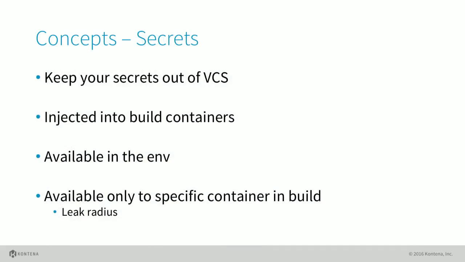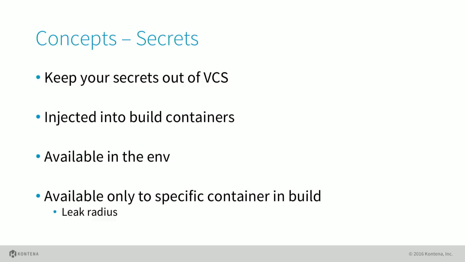So for the secrets, of course we want to keep all the secrets away from the version control system. Nobody wants to have their MySQL password in GitHub anymore. What Drone does is, in the build part, it injects these secrets into the build containers using environment variables.